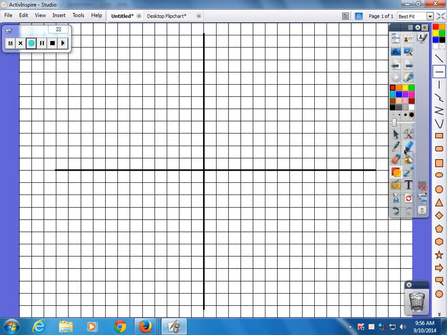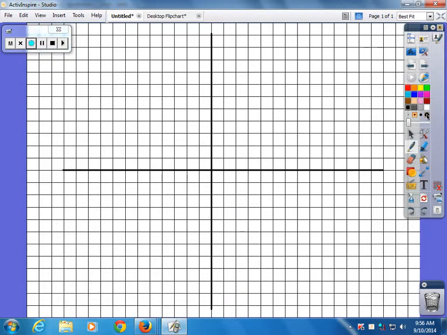Now x squared is pretty easy to do, right? 0, 0. Let me change that to black. 0, 0. What's 1 squared? 1. What's negative 1 squared? 1. What's 2 squared? 4. What's negative 2 squared?